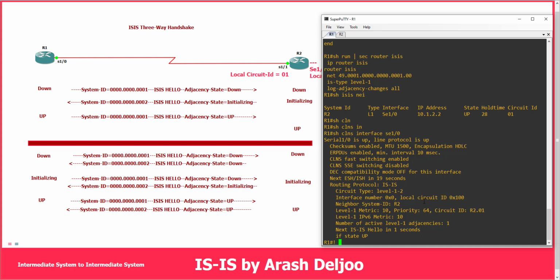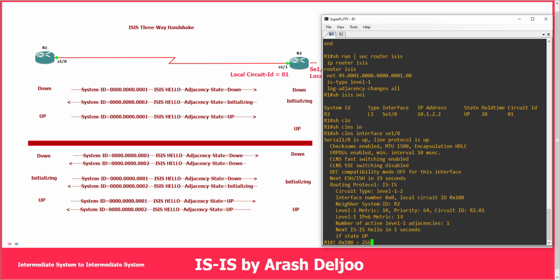Look at here. 0x100 means 256. Why? Because this is a hex value, and if you convert this hex value to decimal, you can see that it equals 256 in decimal.